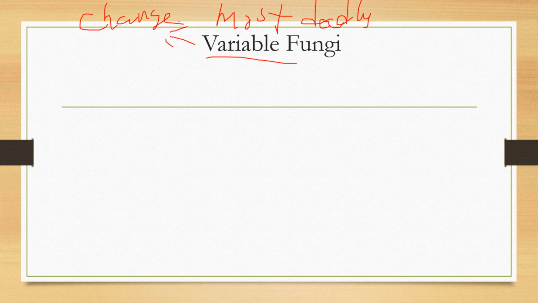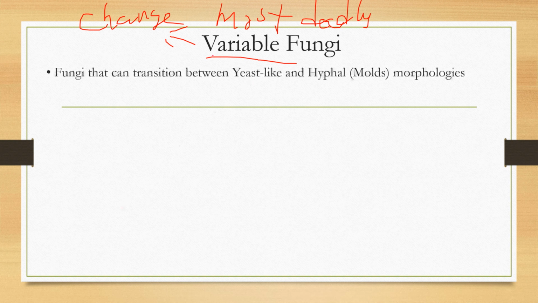Now let's talk about another type of fungi, the one that is most deadly, class. Ito yung most deadly to humans. The variable fungi. When you say variable, they can change. Fungi that could change. Now, when you say change, these are fungi that can transition between a yeast and a mold.